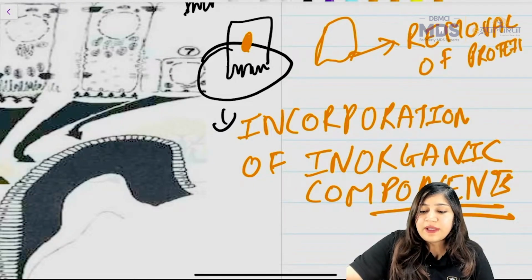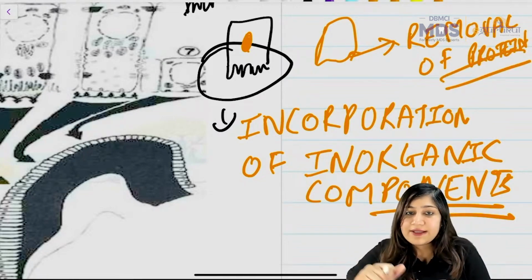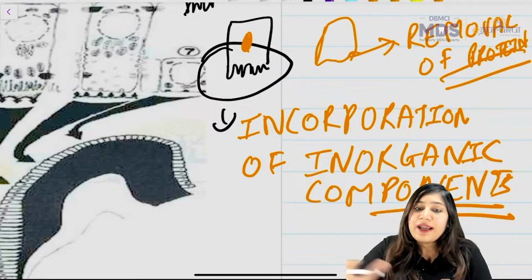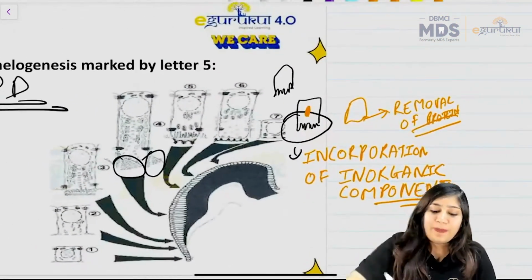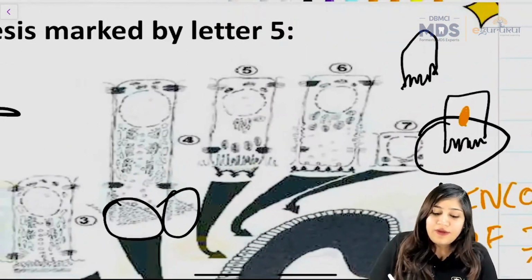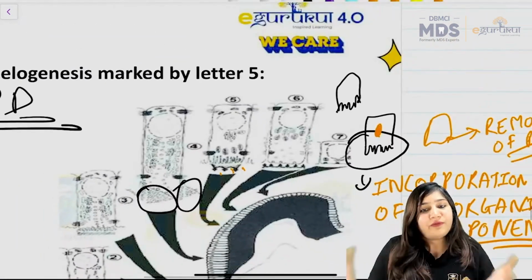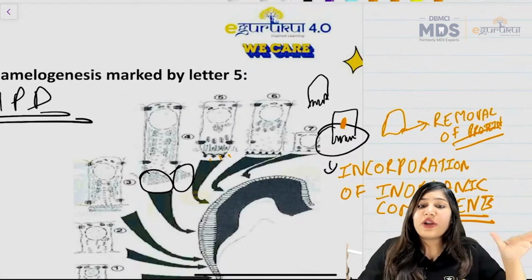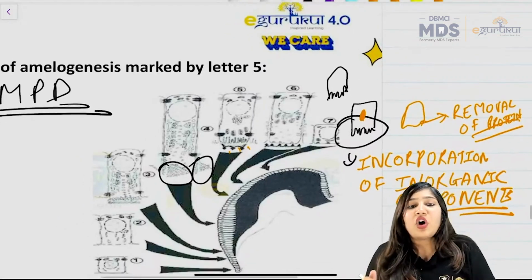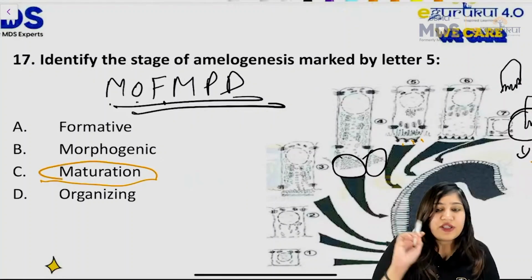So this stage is basically the maturation stage, where the cell size usually decreases and they develop ruffled and smooth borders. The ruffled border is for incorporation of inorganic components, the future calcification stage, and the smooth border is for removal of water and organic components. So this is basically the maturation stage.